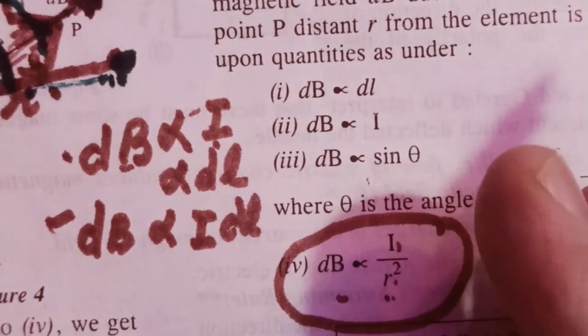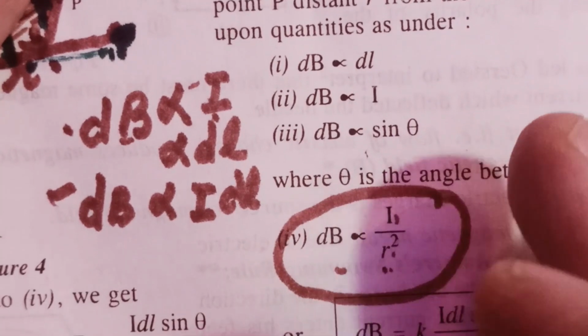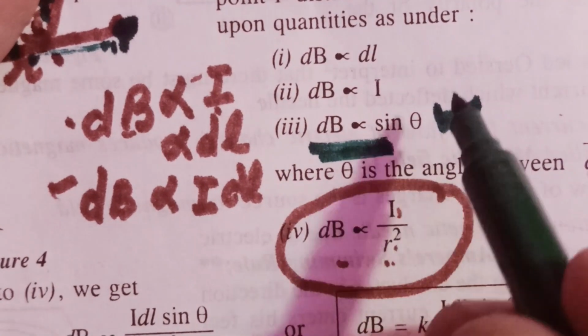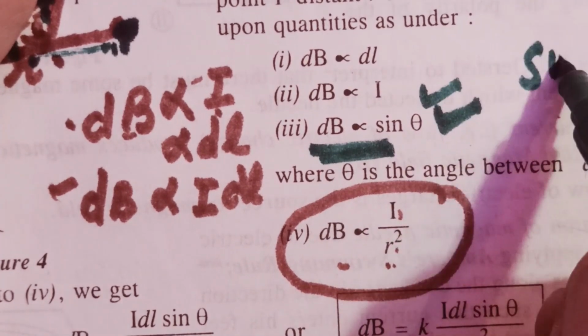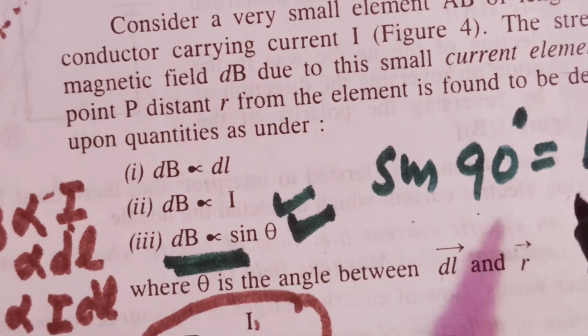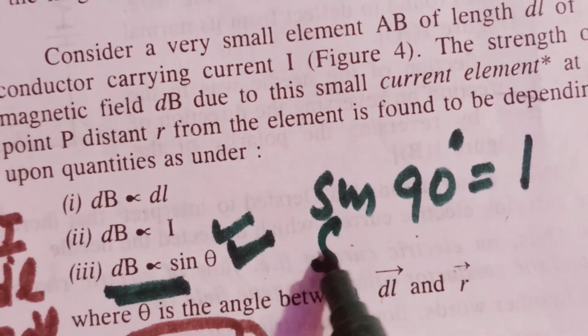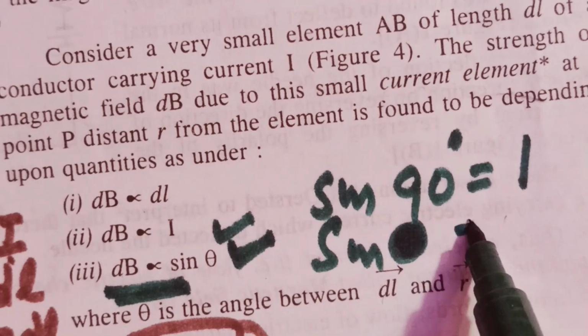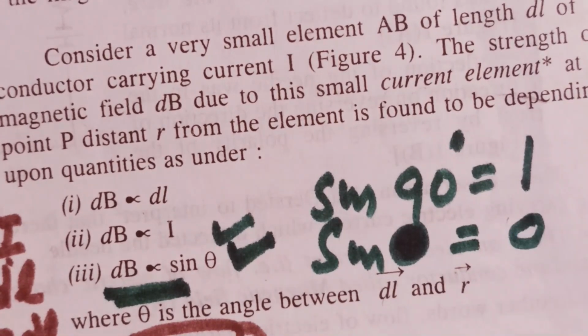So sine theta is a very good function. It tells the same: if theta is 90, sine 90 is maximum, equal to 1. And if you are on the length element, theta equals 0, sine 0 equals 0.